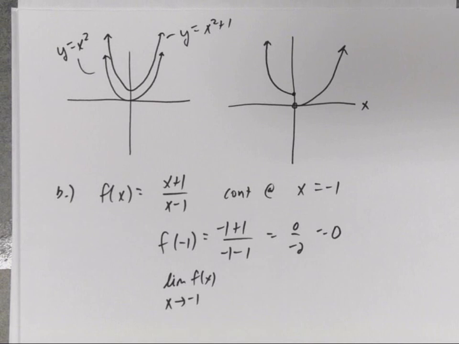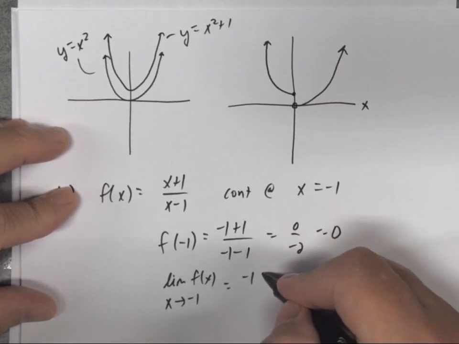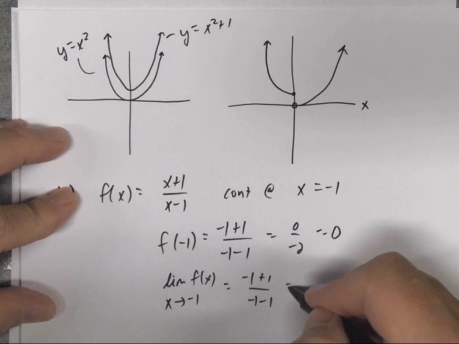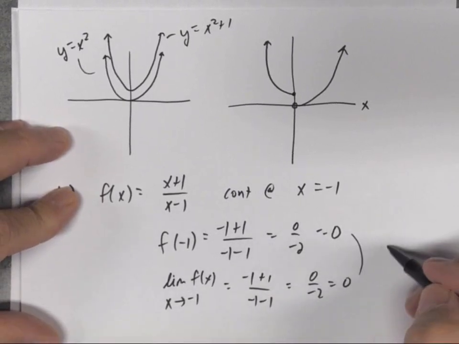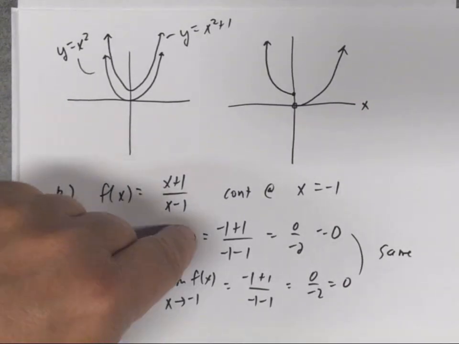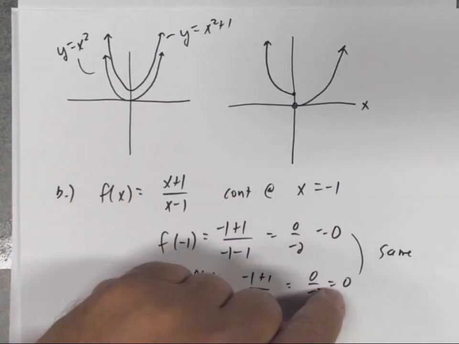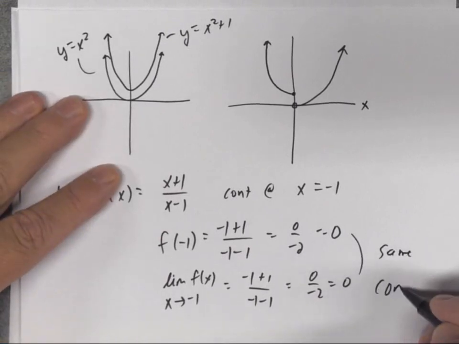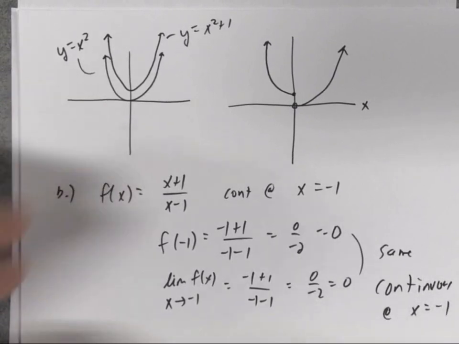To find a limit, you plug in -1, and as long as nothing bad happens, it's okay. So you plug in -1 plus 1 over -1 minus 1. Now it looks like f of -1 equals 0. The limit as x approaches -1 of f of x is 0. Since it's the same, we say that function is continuous at x equals -1.